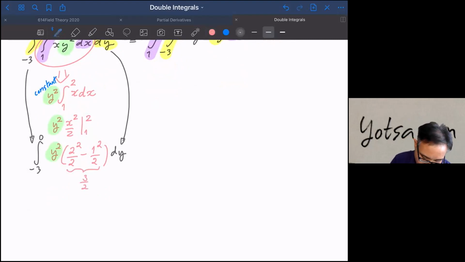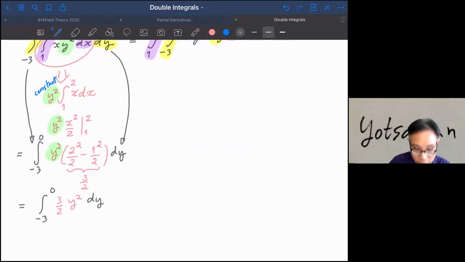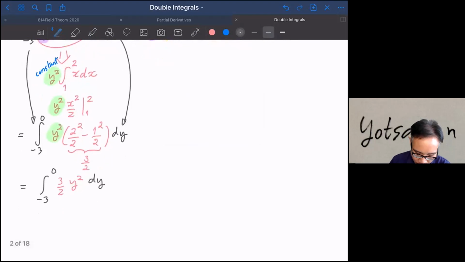So this double integral becomes the integral from -3 to 0 of 3 half y squared dy. Now I can integrate y squared, so I get 3 half times y to the third over 3, and the 3s cancel, from -3 to 0.